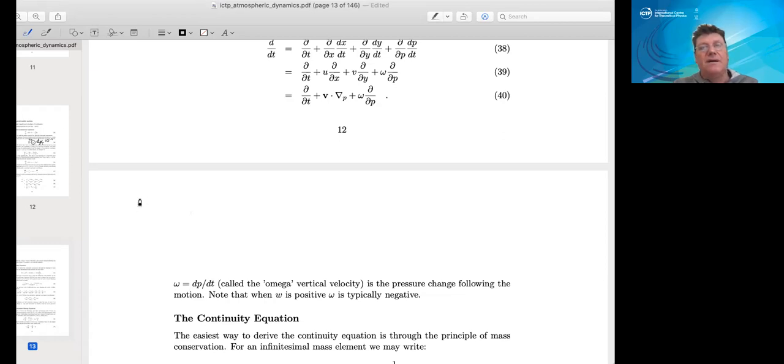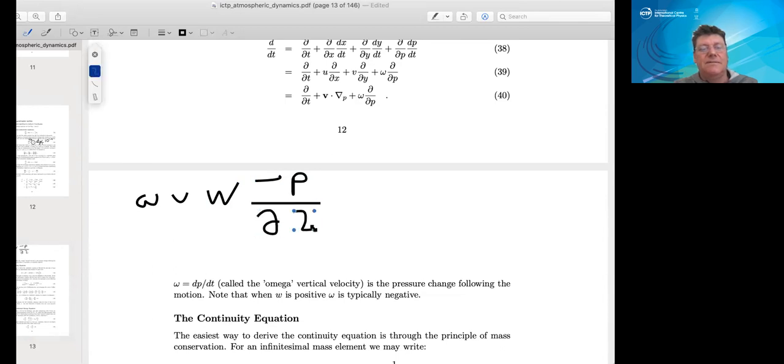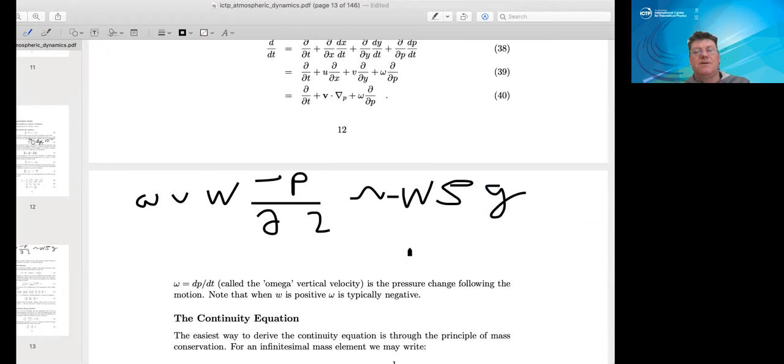So omega is approximately w dp by dz, which is w rho g, but with a minus sign, approximately.